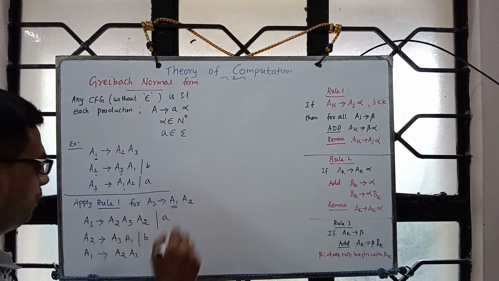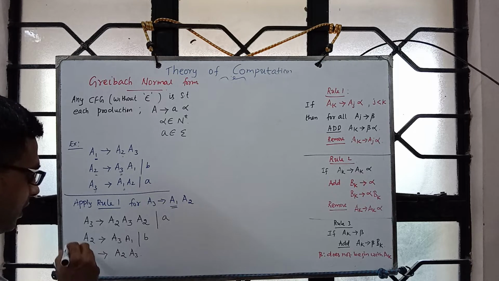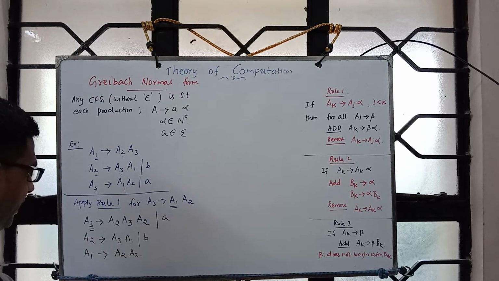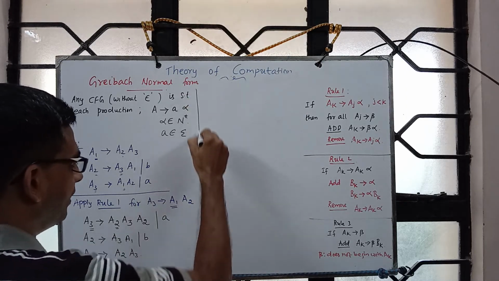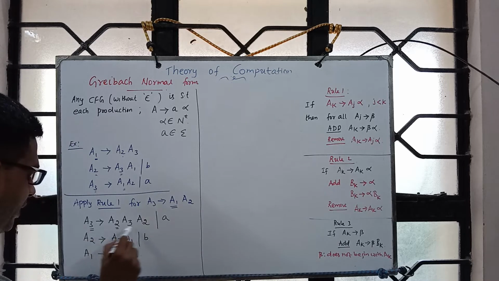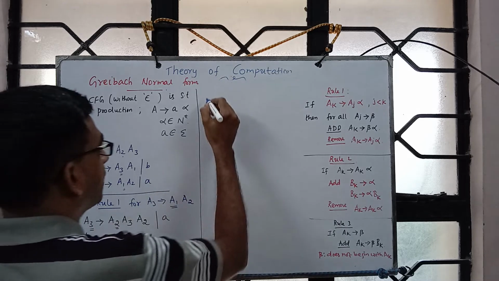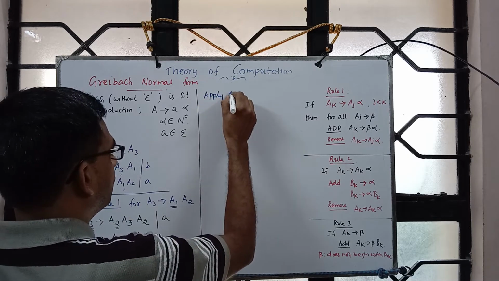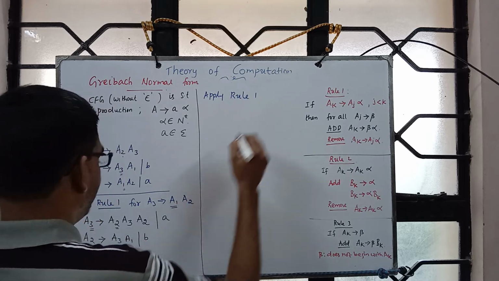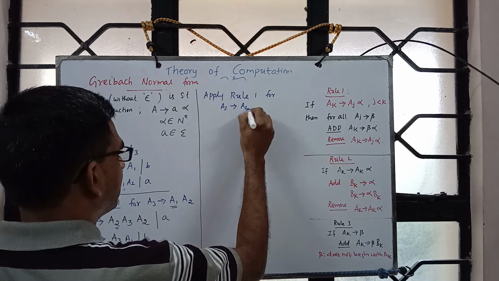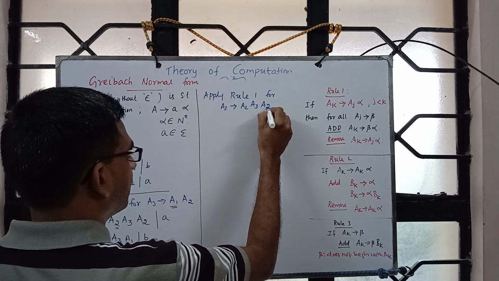Now, after applying rule 1, you check whether we need to apply it again. As always, these two we do not need to apply it to. But look at this. After the first application of rule 1, we see that the modified production is still violating this, which means we should apply rule 1 again. Apply rule 1 for A3 implies A2 A3 A2.